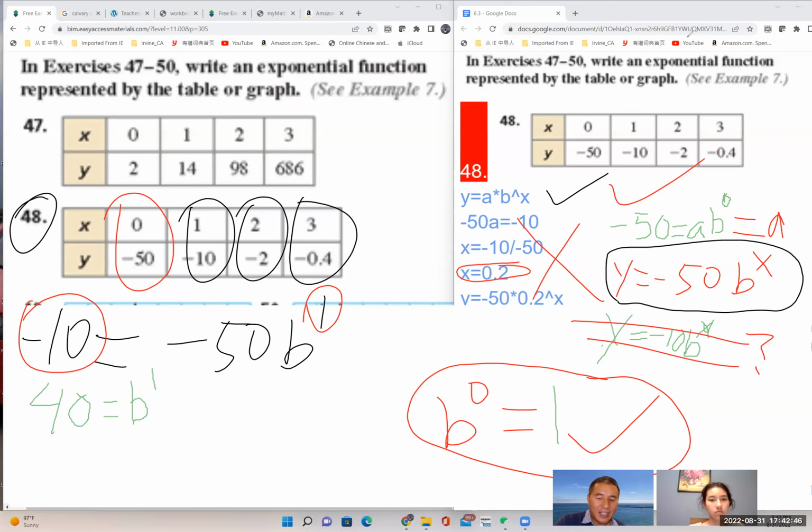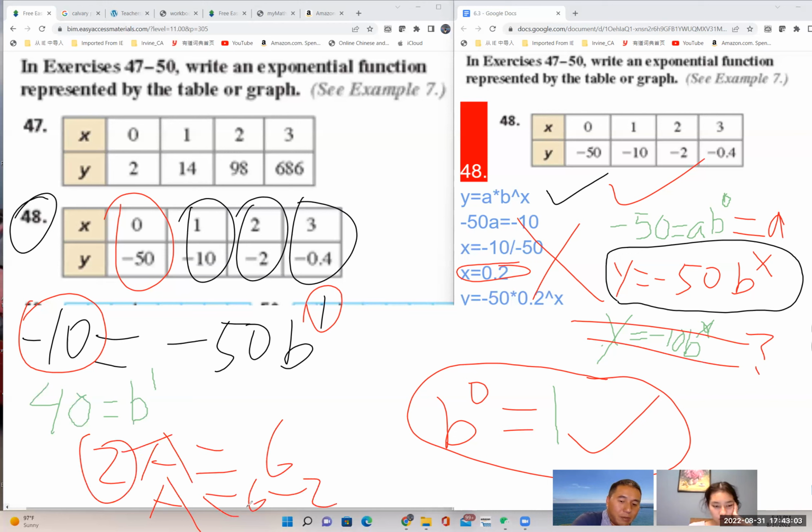Hold on. Okay, something wrong. Think about it. Why is something wrong? We mentioned it just now. 2 apples equal to 6. Then you mean, oh, a equal to 6 minus 2. Why minus 2? Because 2 coming to this side is -2. We mentioned this is illegal, right?